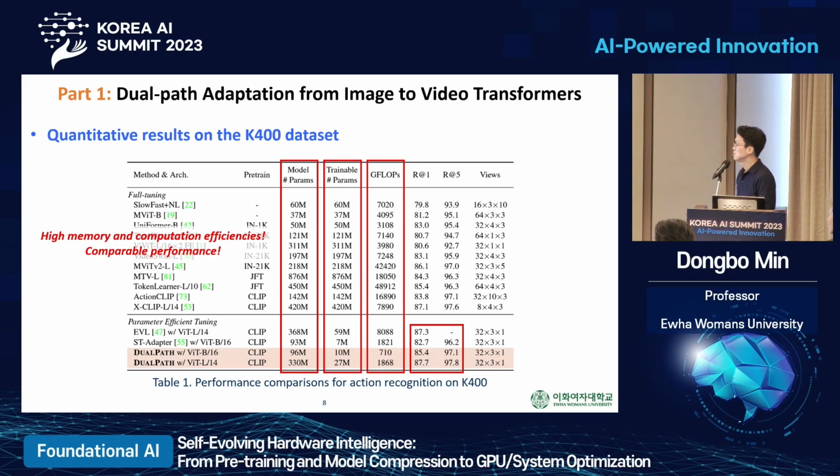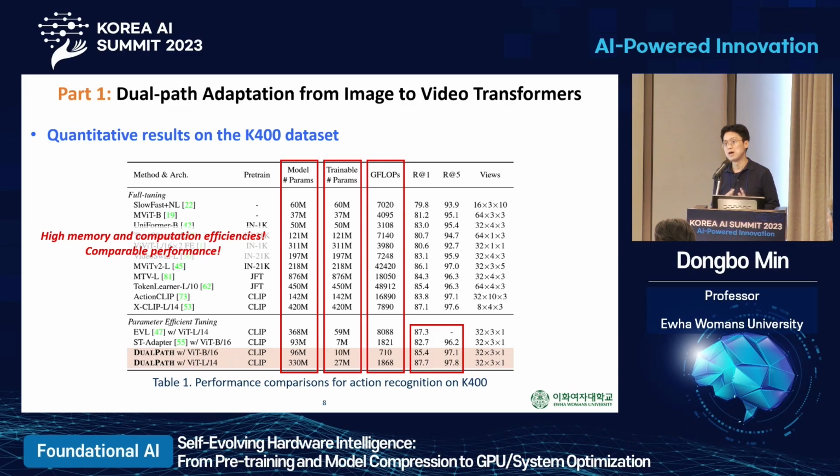So the accuracy is, for instance, 87.1 or 97.6. Surprisingly, using parameter efficient transfer learning, our learnable parameter is much smaller, for instance only 10% or 5%. And then we can achieve even better accuracy compared to this fine-tuning. So this is a very interesting observation.